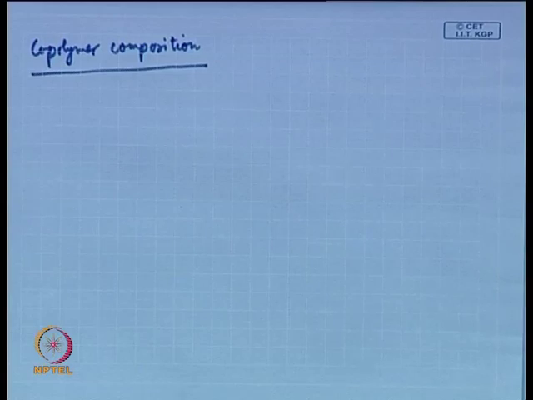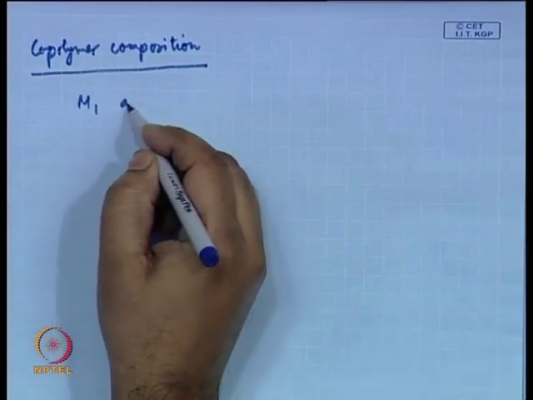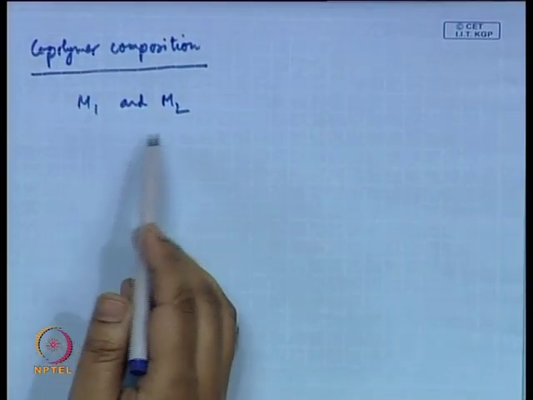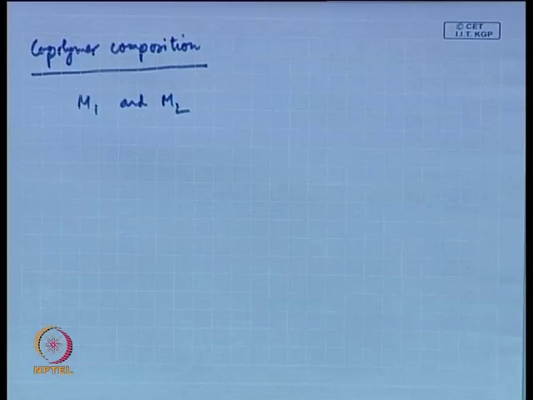Now, in most cases, when you are mixing, say, monomer M1 and M2 and copolymerizing from there, M1 and M2 will have a difference in reactivity, and as a result one of the monomers gets incorporated in the growing copolymer at a much faster rate compared to the other.